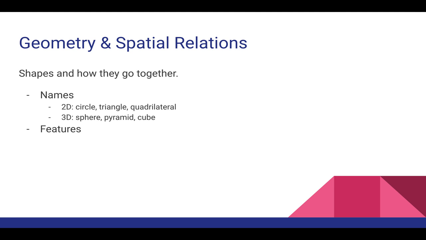We also talk about the features of the shapes. So, how many sides does the shape have? And how many corners does it have? A triangle has 3 sides and 3 corners. We also talk about the measure of the sides and the angles.